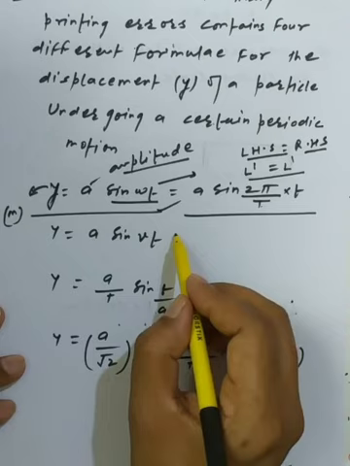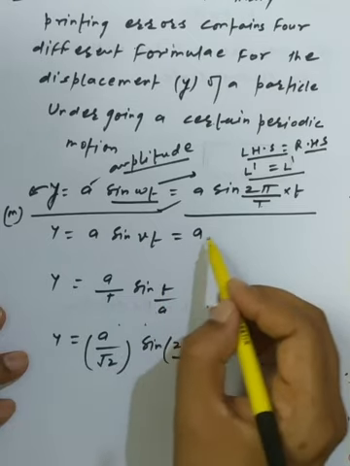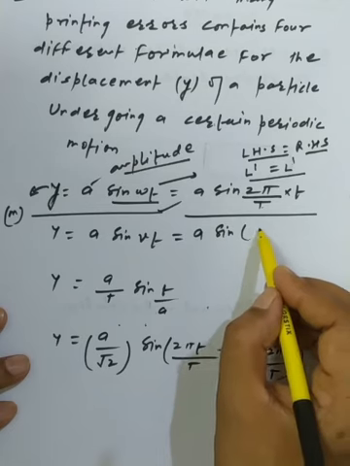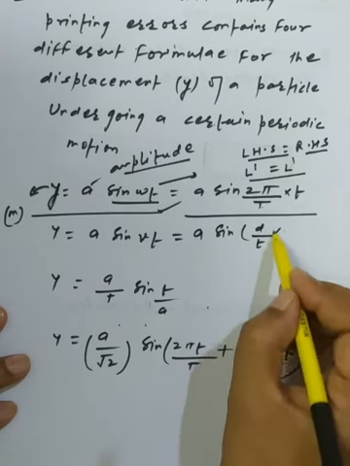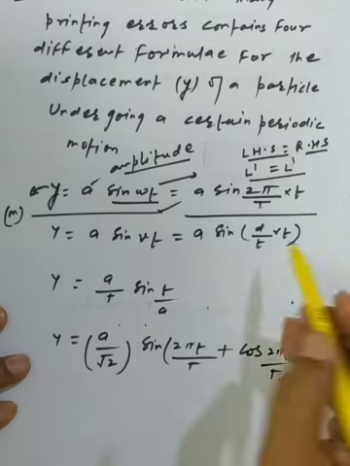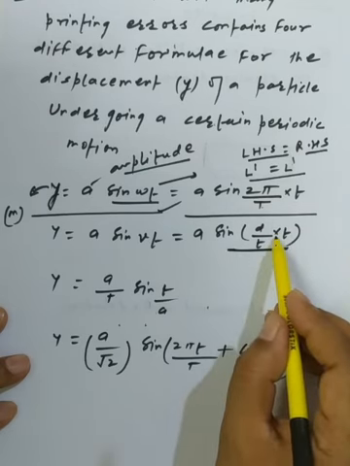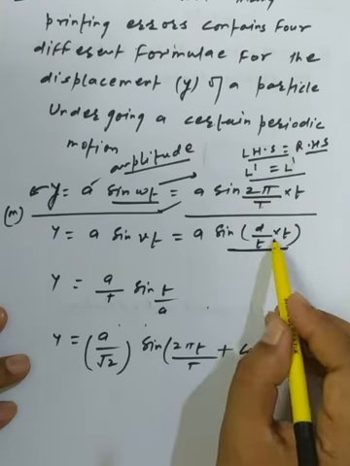Now next we have A sine of v into t. Velocity is equal to displacement upon time. Whenever we substitute into the formula, we get this indication. Now the angle has a dimension, that will be wrong.